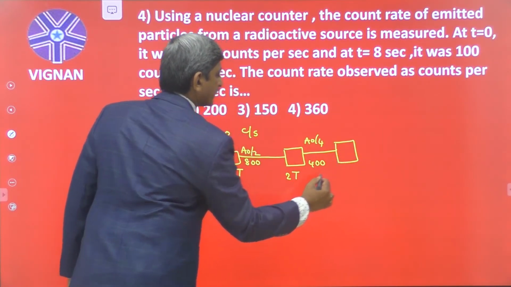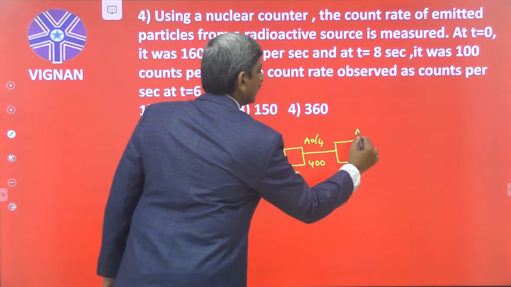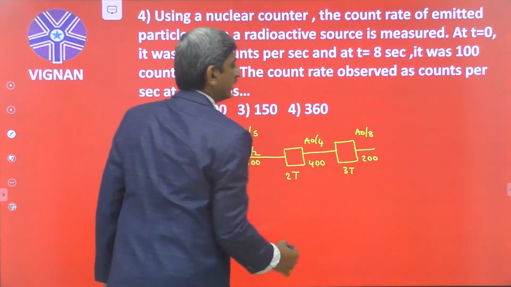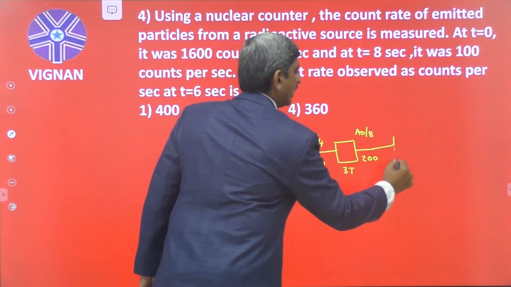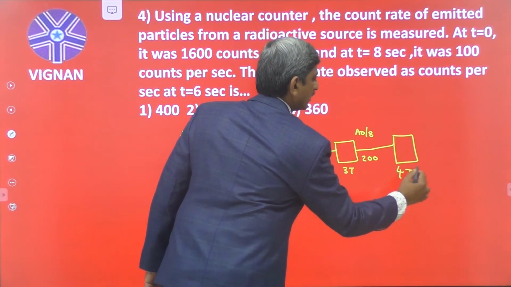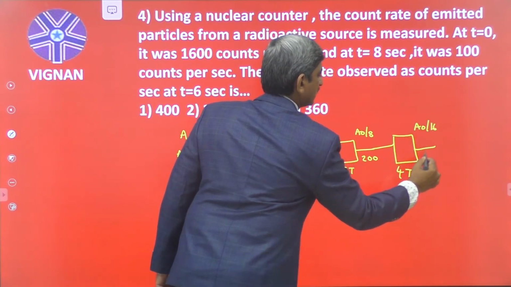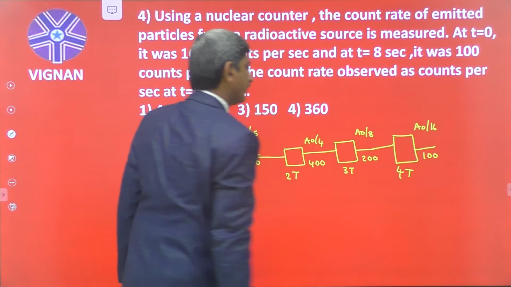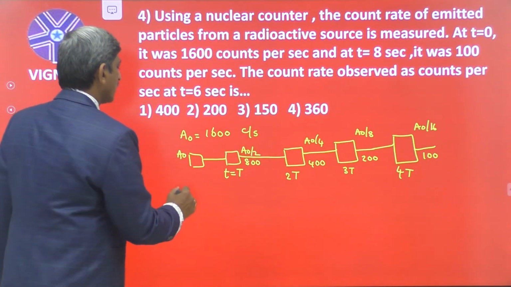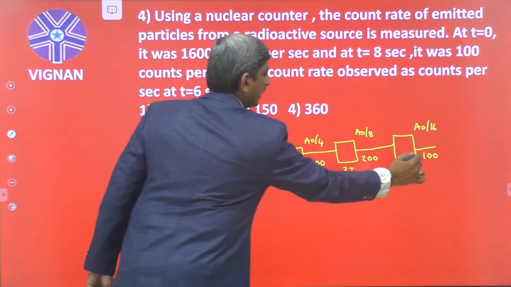After three half-lives, the count rate is equal to A naught by 8, that is equal to 200. And after four half-lives, the count rate is equal to A naught by 16, that is equal to 100. That means after four half-lives, the count rate decreases from 1600 to 100.